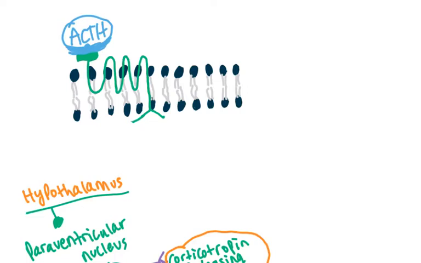So when ACTH binds, it's going to initiate a G stimulatory reaction, like what we discussed in our G stimulatory protein intracellular mechanism video. So we're going to have a G stimulatory protein bound to the G protein coupled receptor.